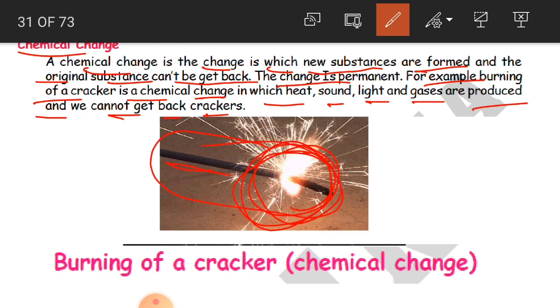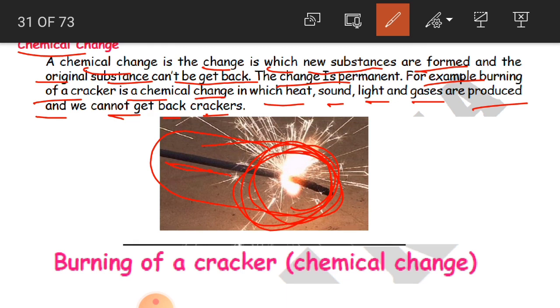This is an example of burning a cracker. Even burning a paper also: if you light the paper, it is going to become ash. The paper is going to burn and you will get some ash there. You will not get back the paper. When you tear the paper, you still have the paper, but when you burn the paper, you cannot get it back. Clear, children? So this is nothing but a chemical change.